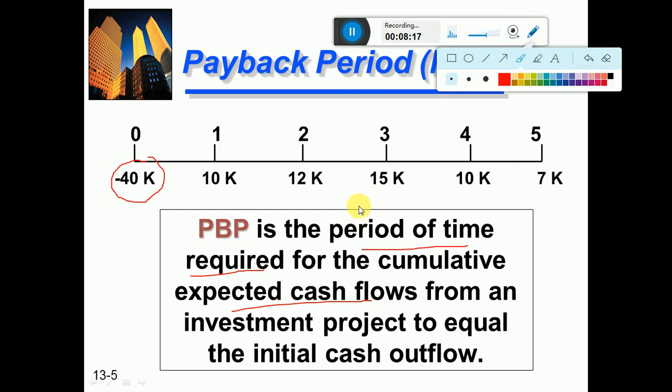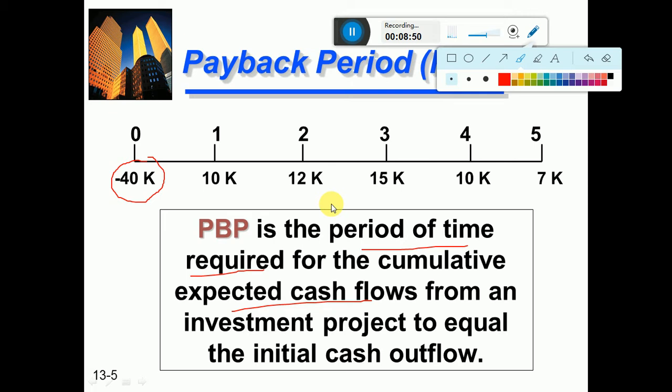Then we accept or reject the project based on the payback period. For example, if the required payback period is 2 years and the project recovers the initial outflow, or investment, only after 3 years, then you reject this project.